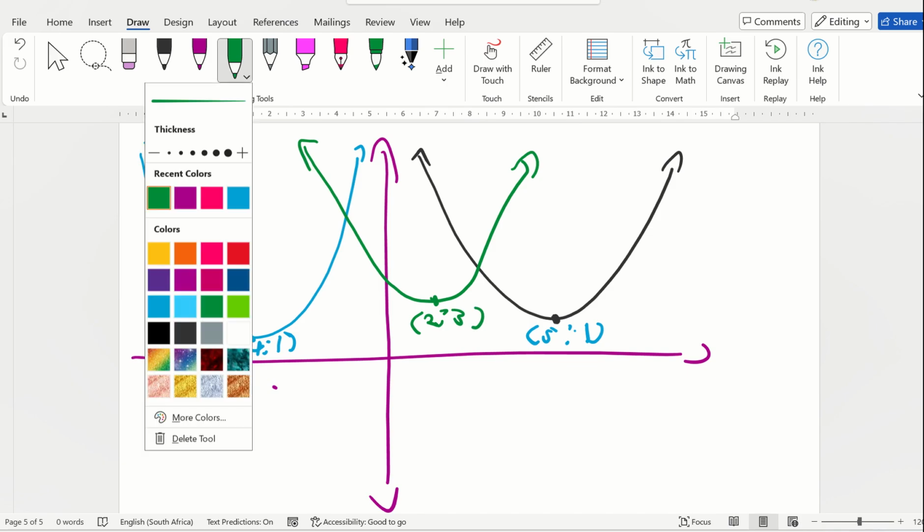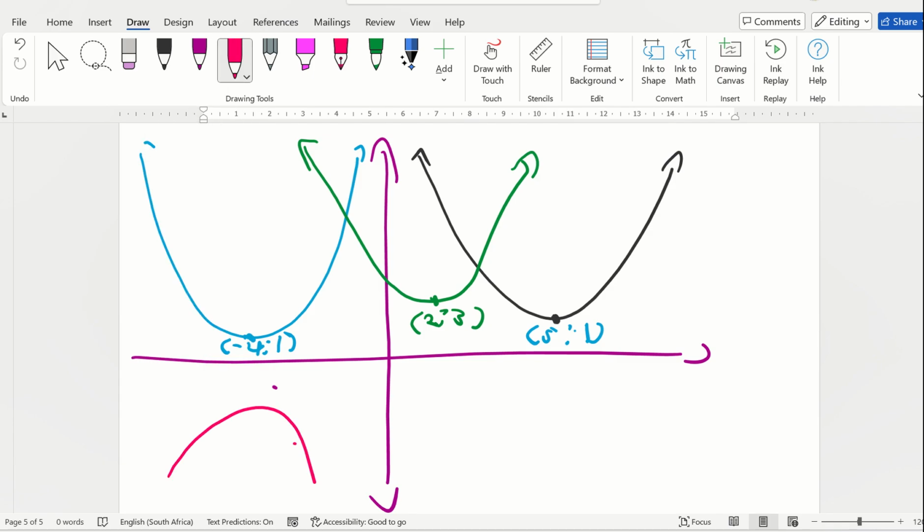Then another one will be, okay, what am I doing? Why am I trying to give you clues? Minus 3 and minus 2. Can you guys give me the range of each graph? 3 minutes, let's go.